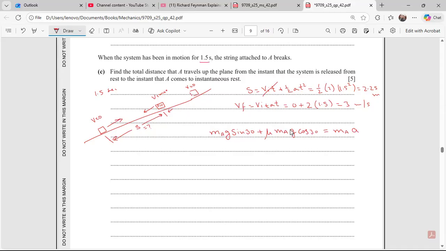Total force is equal to mass into acceleration. Now you can see that I can cancel m a throughout. This is a good thing.